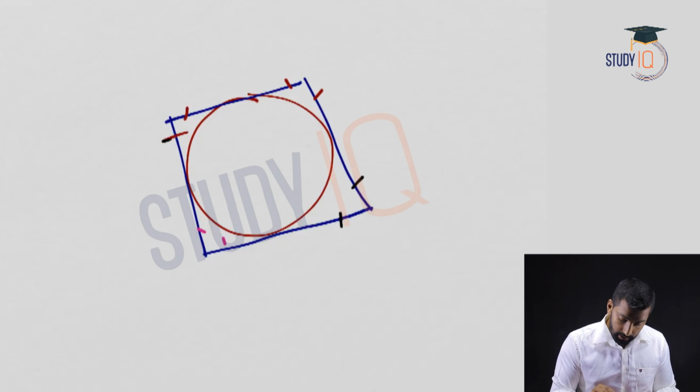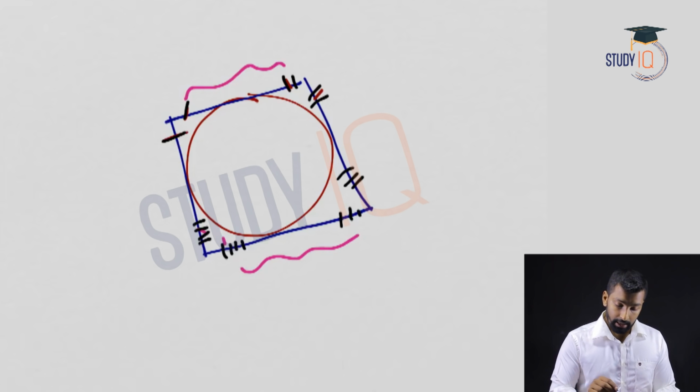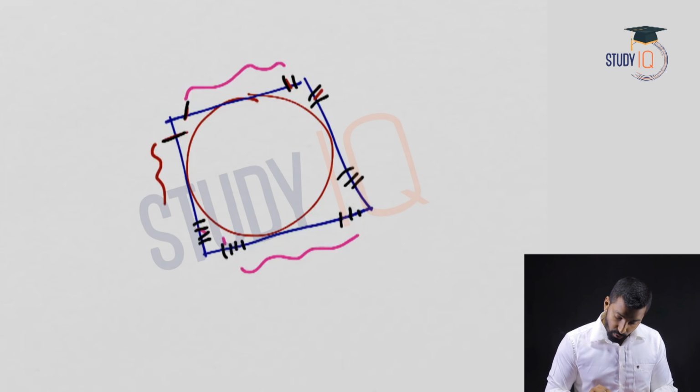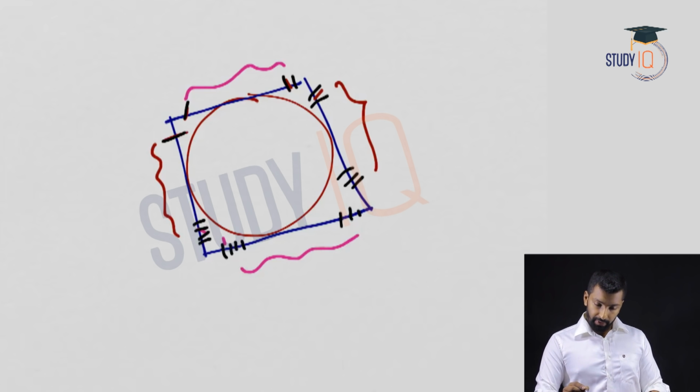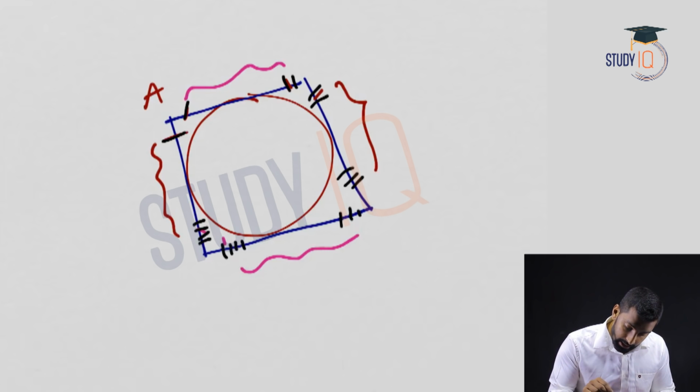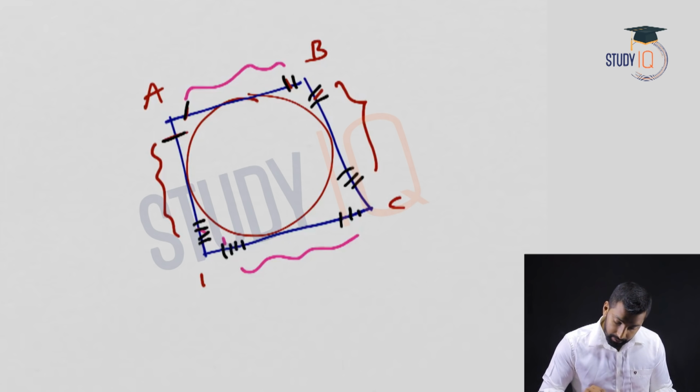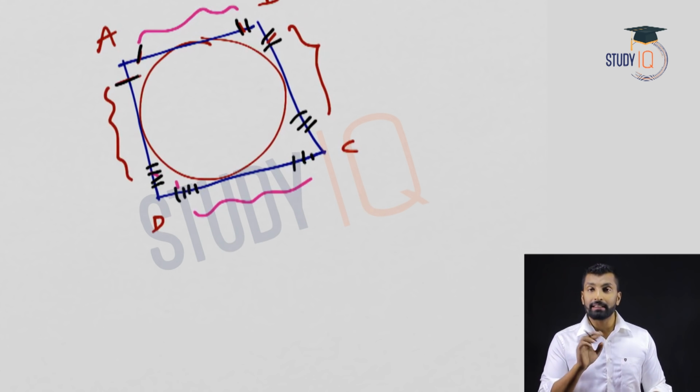So if you mark this 1 and this as 2, this as 3, and this as 4, what you can understand is, here you are getting 1, 2, and here you are getting 3, 4. Similarly, here you are getting 1, 4, and here you are getting 2, 3. So if this is A, B, C, D, now it's going to be very simple.